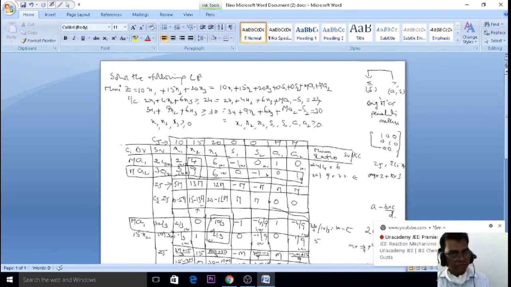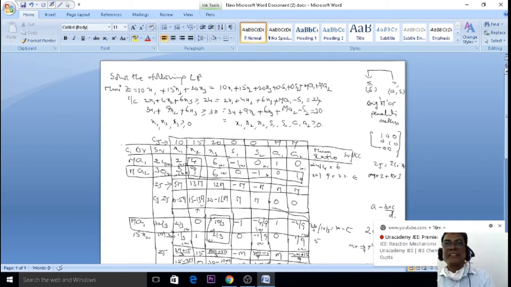Same thing, apply our previous condition. Don't change our policy. The basic concept is the same, whether it is maximization or minimization. The only difference is the presentation. Maximization has this policy, minimization this policy.